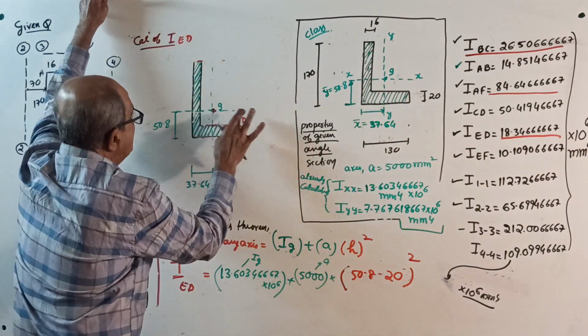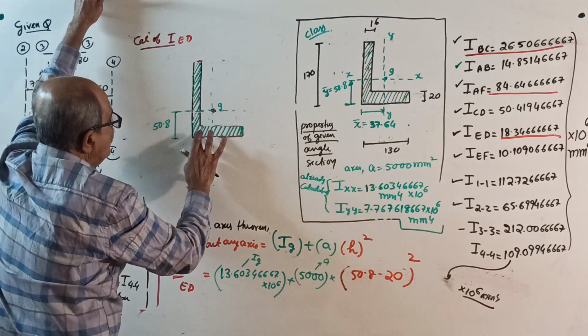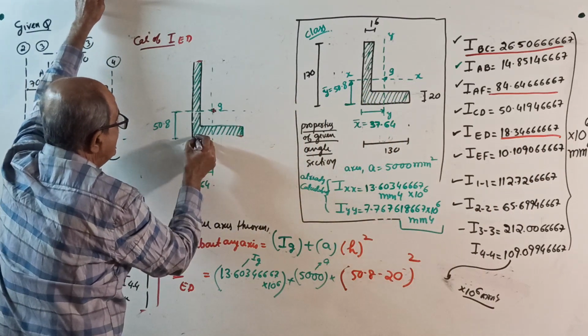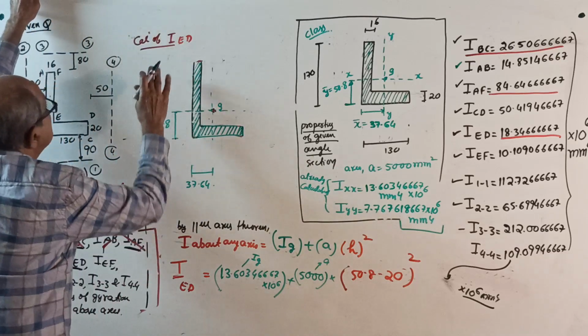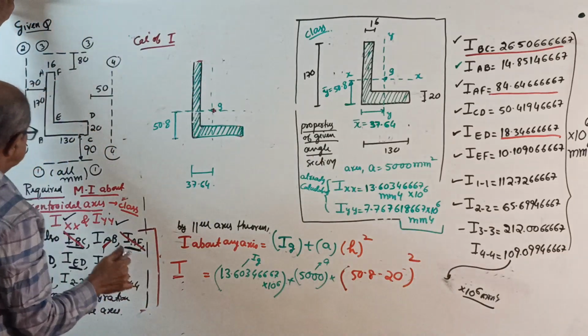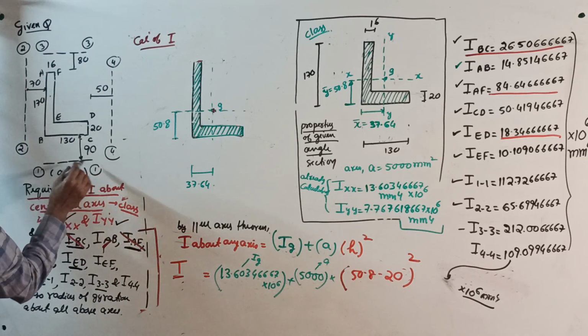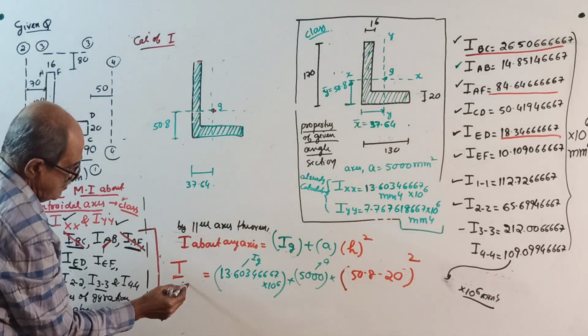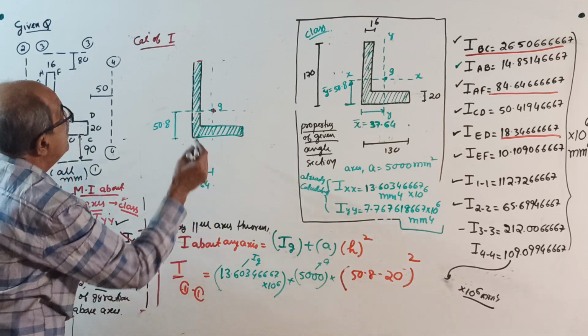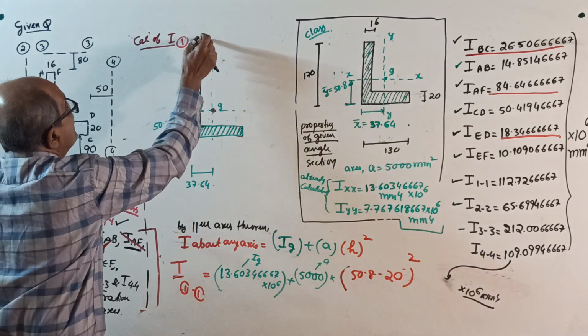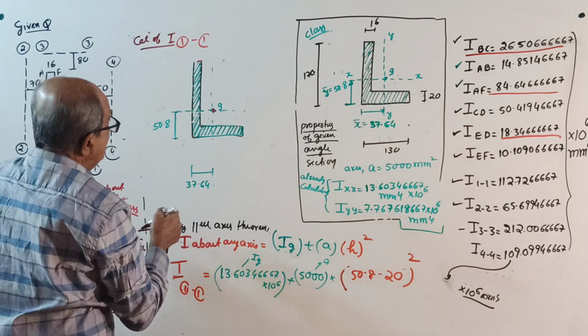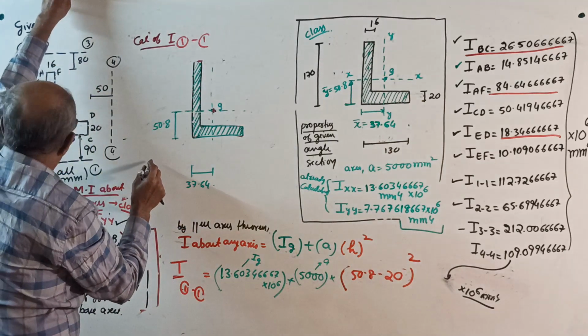Then, red I will remove now. Only black color. Okay, this angle. Lastly, I about 1,1. Where is 1,1? See, 1,1 is somewhere here.